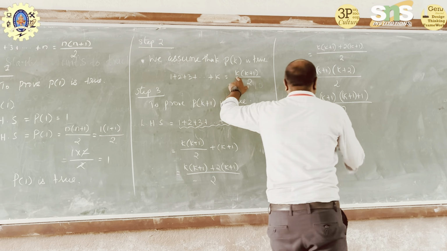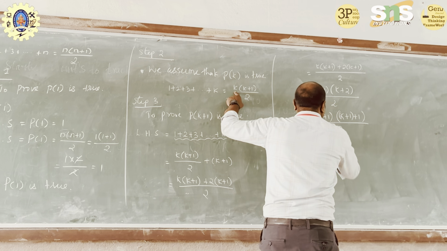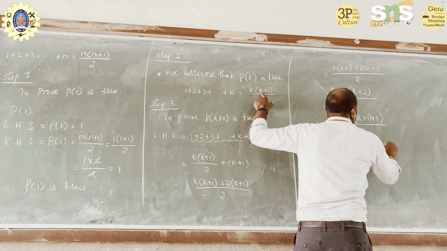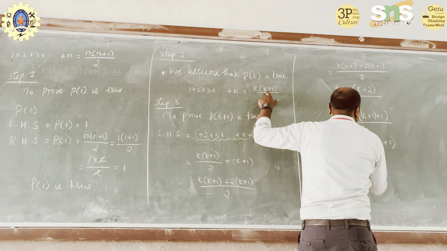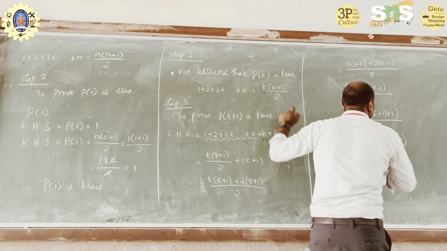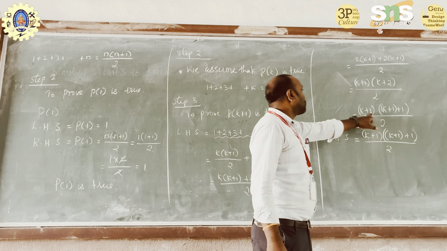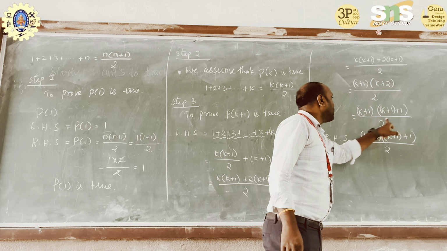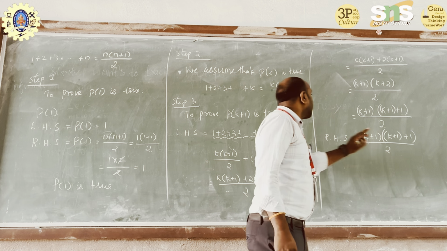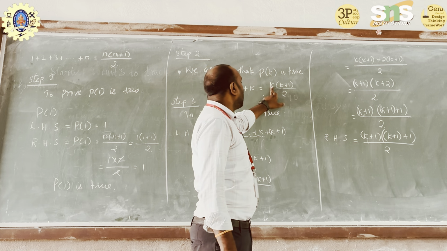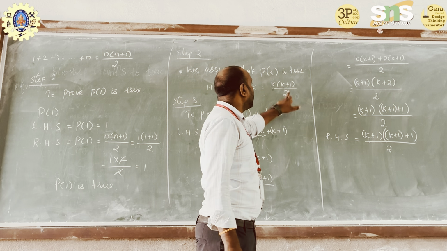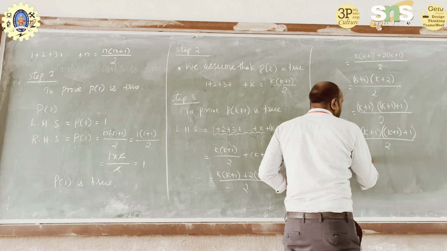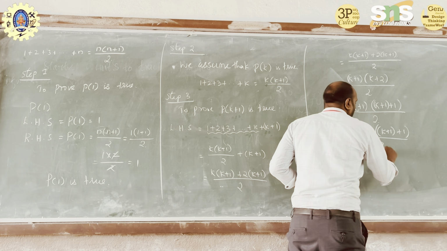So the RHS is k plus 1 into k plus 1 plus 1 divided by 2. Here also the left hand side equals the right hand side, k plus 1 into k plus 1 plus 1 divided by 2. So the LHS is equal to RHS.